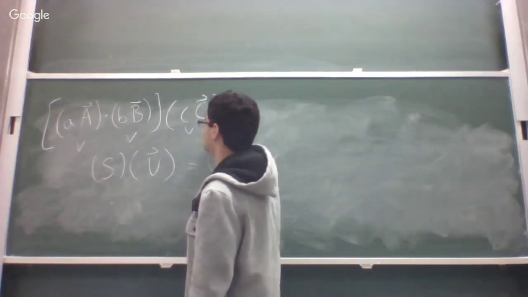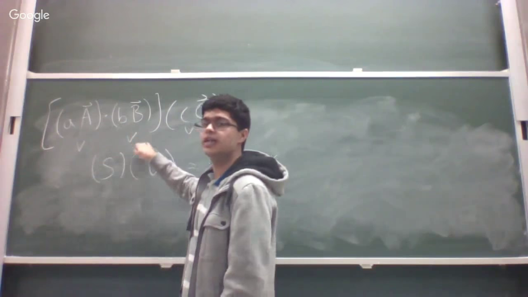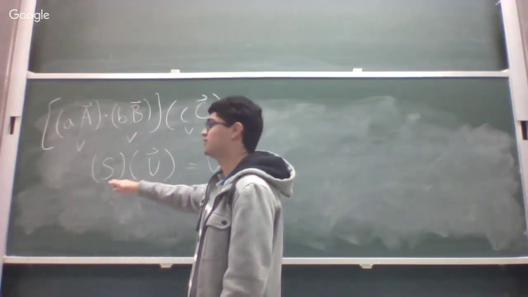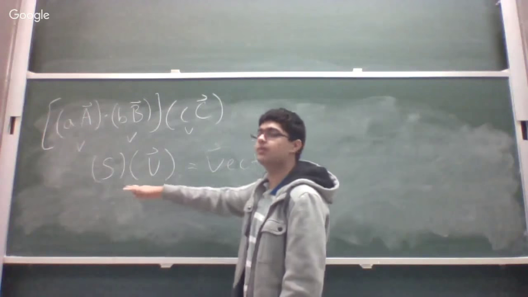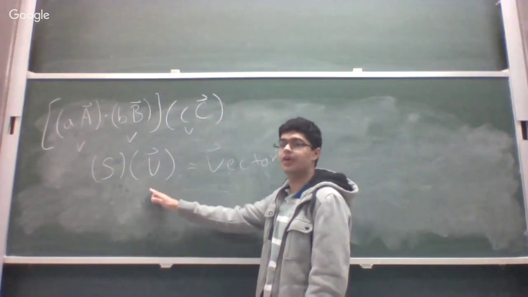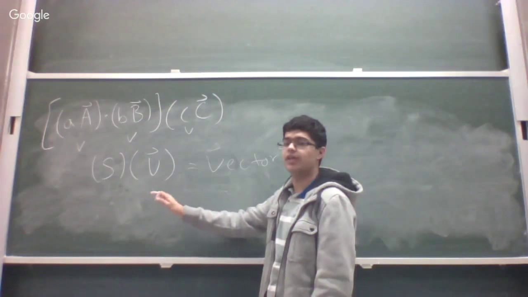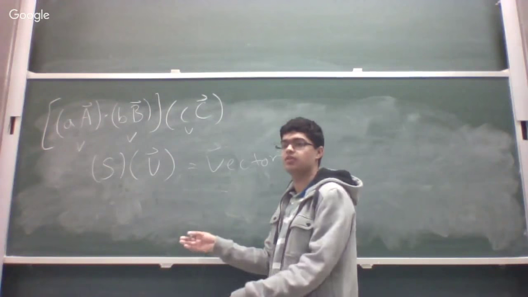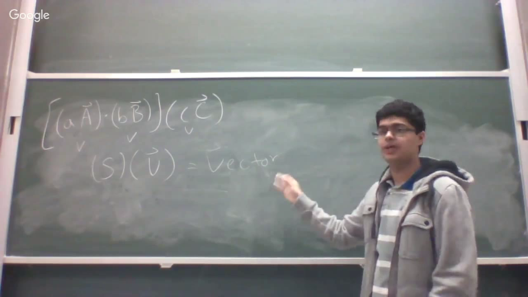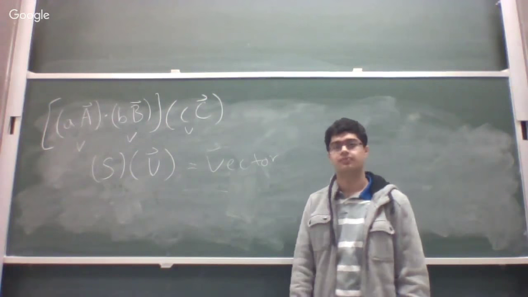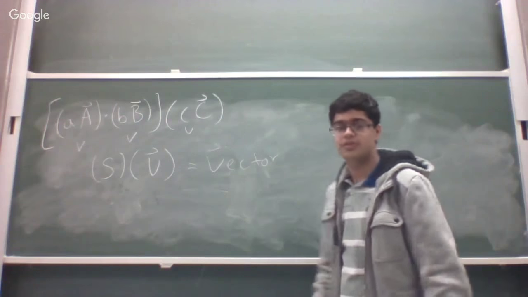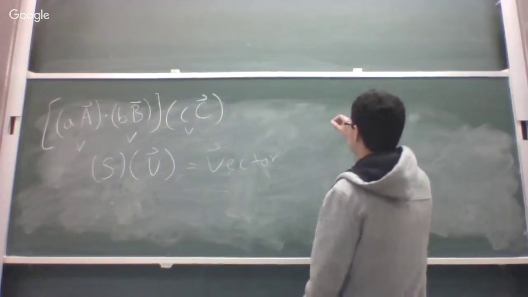Same thing for these two. A vector dotted with a vector always gives a scalar component. A scalar component being multiplied with a vector is just like multiplying 5 times a vector, so it remains a vector. Okay, let's do another one.